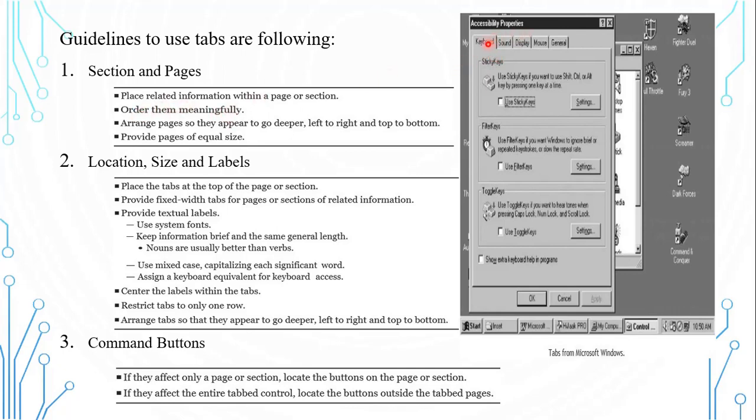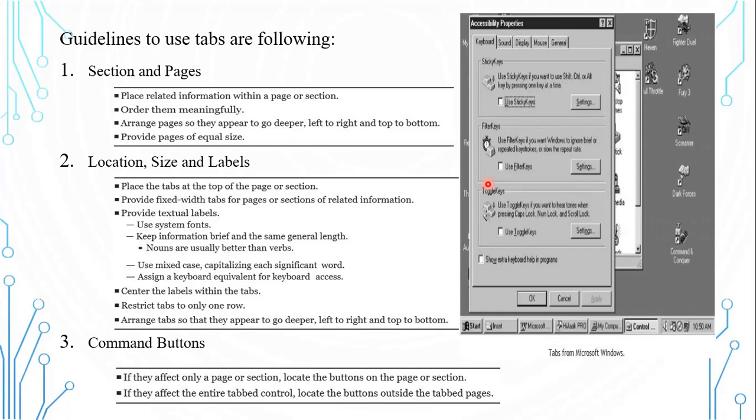So you have to place the tabs in order, and arrange the pages so they appear to go deeper, left to right and top to bottom. So you can arrange the pages either from left to right, or from top to bottom.